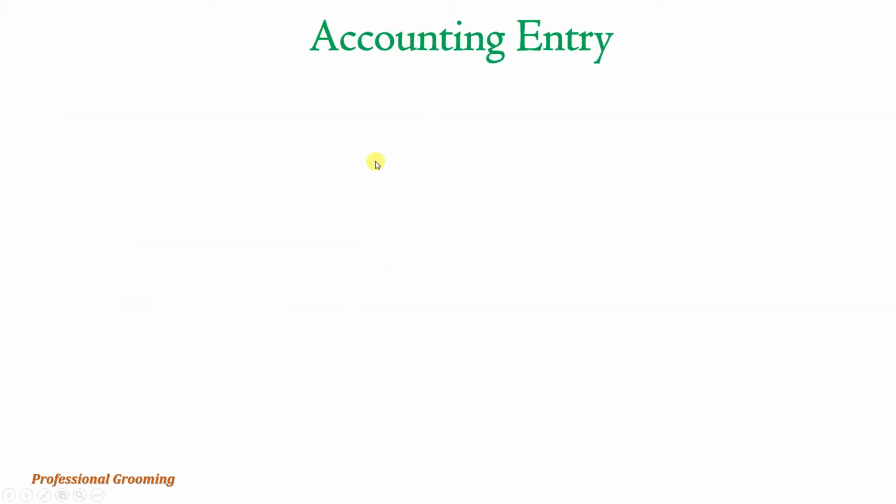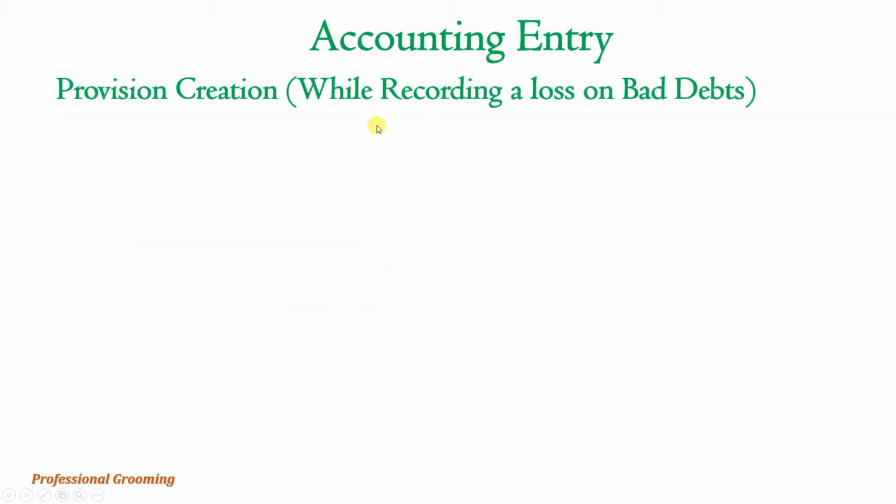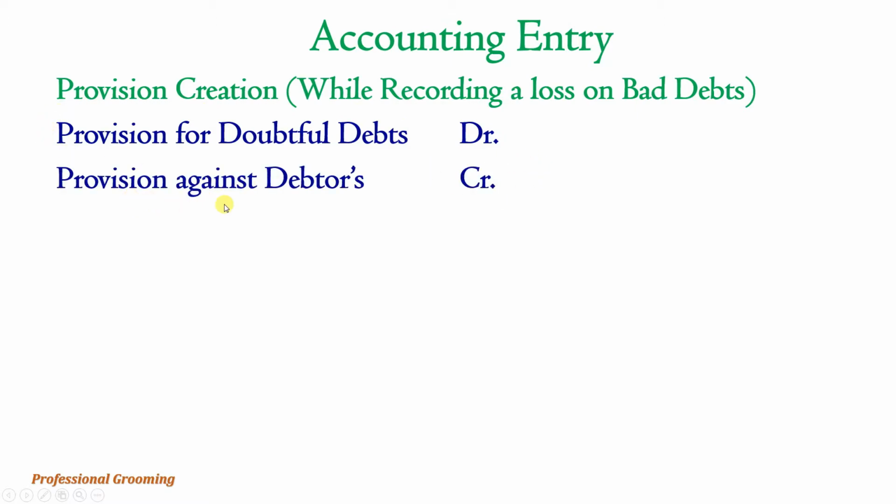Let's see the accounting entry for the provision. Provision creation, when we are creating a provision while recording a loss on bad debts. Bad debts are the main example which we are dealing with every day in our accounting life in most organizations. So, provision for doubtful debts debit. We are keeping a provision for doubtful debts, and we are making provision against debtors credit.